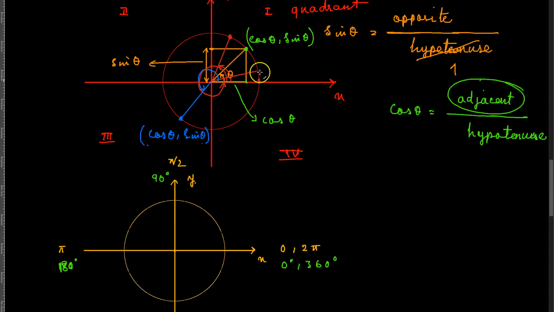So what that means is that I could start from here, and as you can see, as I'm increasing the magnitude of this angle, this height is increasing on the unit circle.